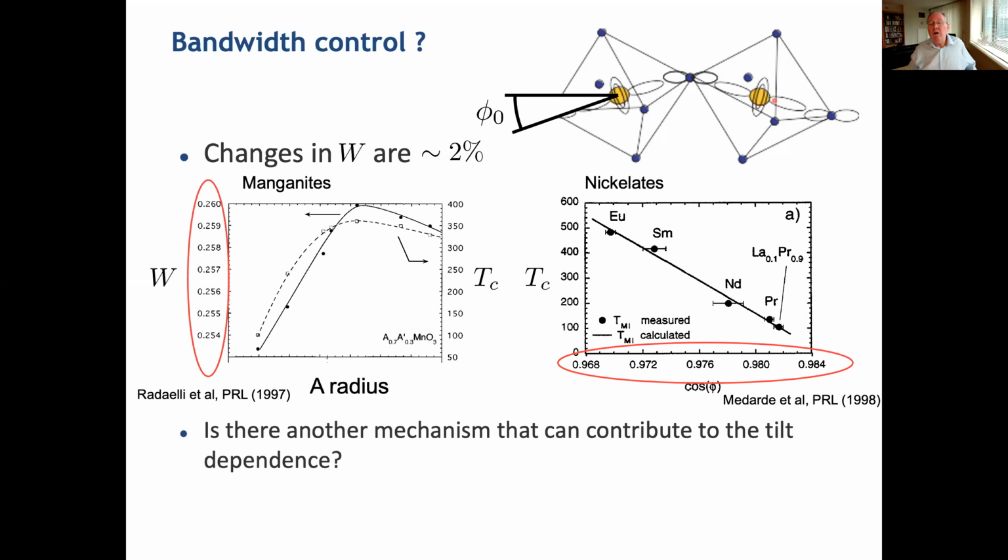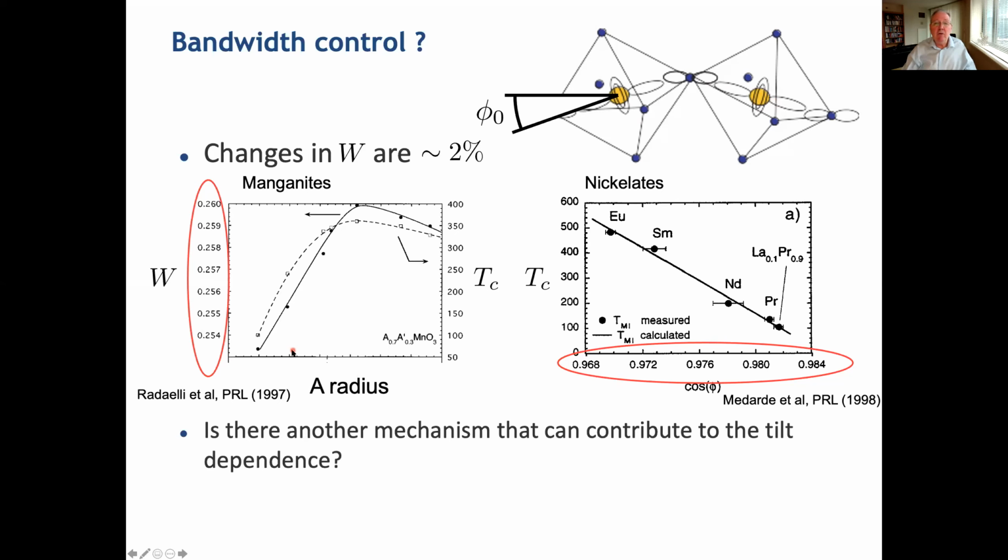If you have very small ions, small radius, then you expect to have a smaller bandwidth. And that has always been one view of why the phase transition could be tuned by size. Namely that the Coulomb physics was the same, but the bandwidth was changing.